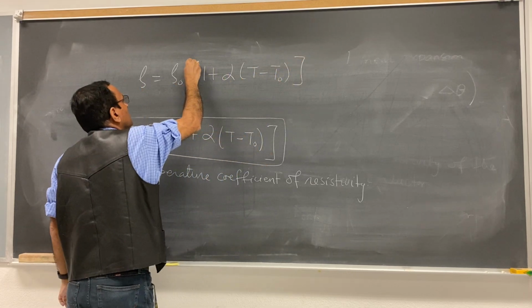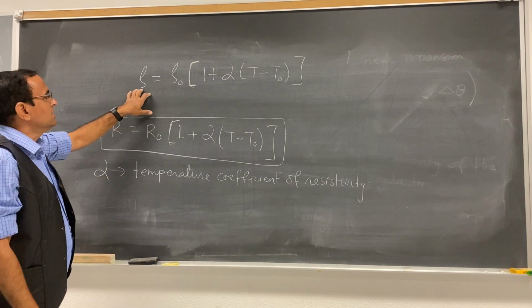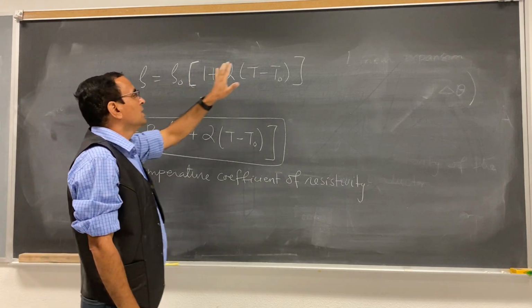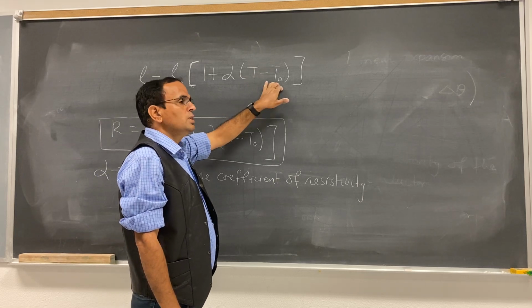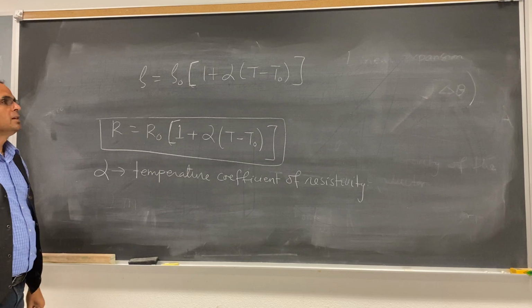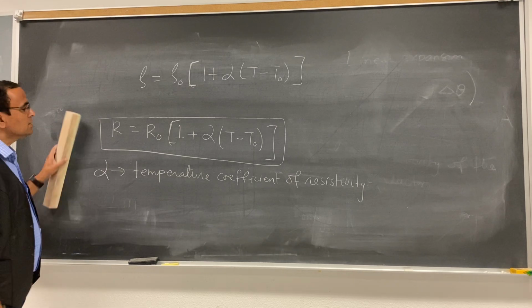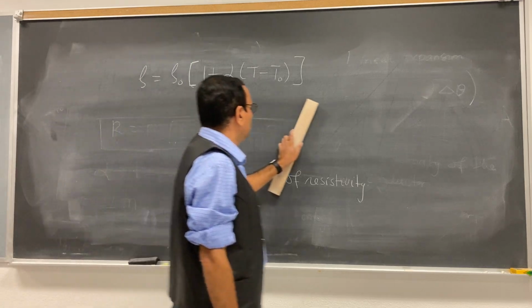Here rho is the final resistivity, rho 0 the initial resistivity, T the final temperature, T0 the initial temperature, and alpha is the same temperature coefficient of resistivity. Please don't ignore this. Sometimes you need this formula.